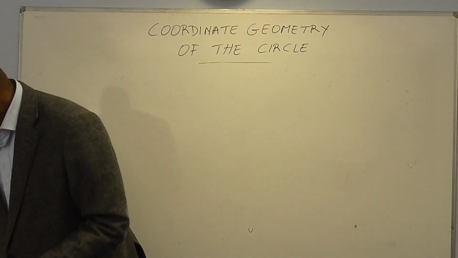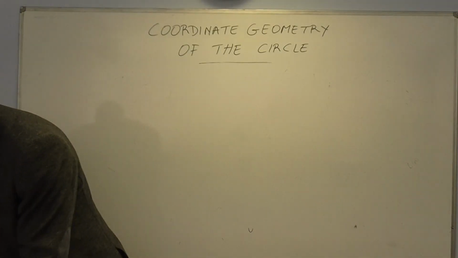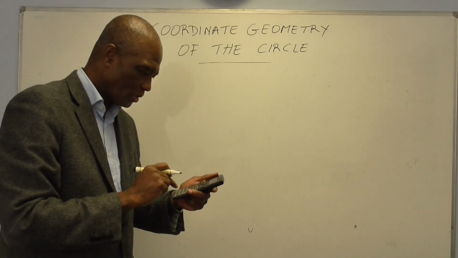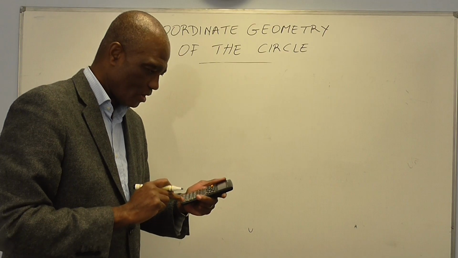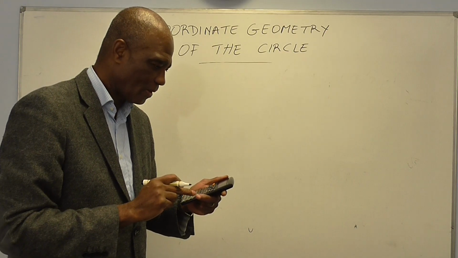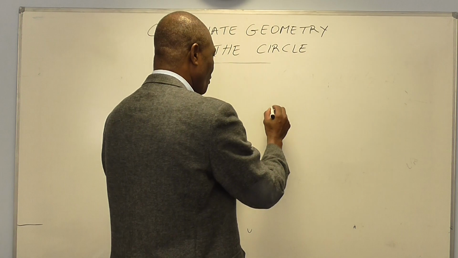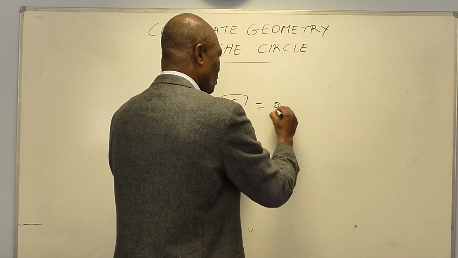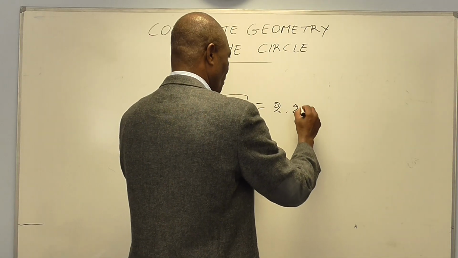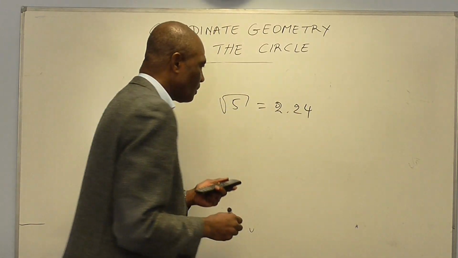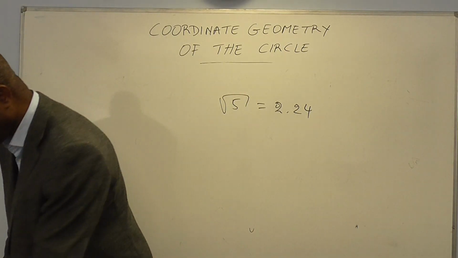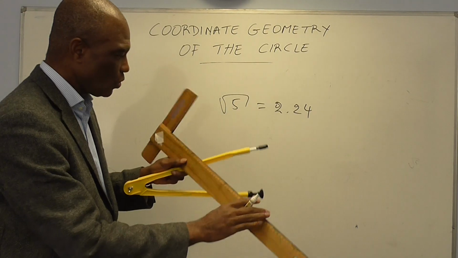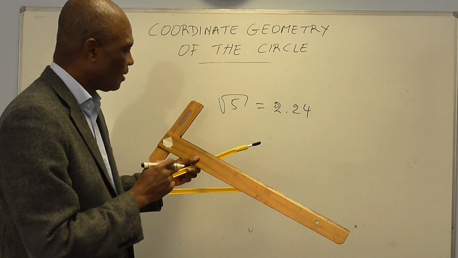We know that our radius was the square root of 5. Square root of 5 is what? Square root of 5 is 2.24. Now, I'm going to use my t-square.